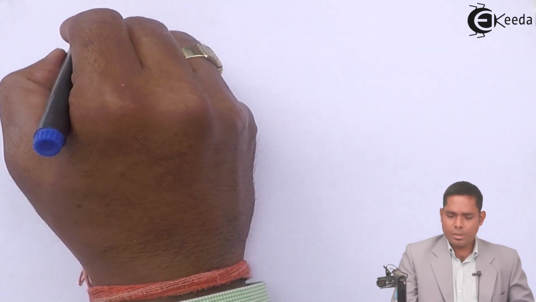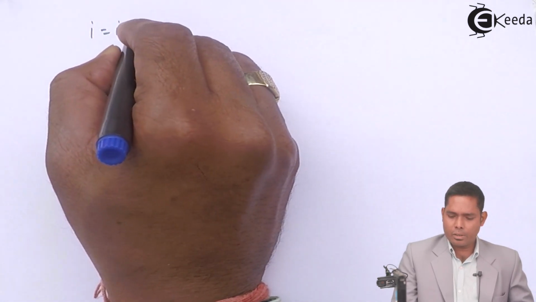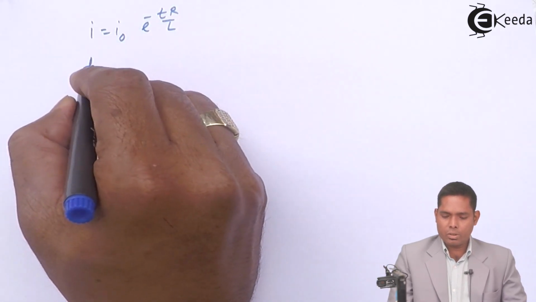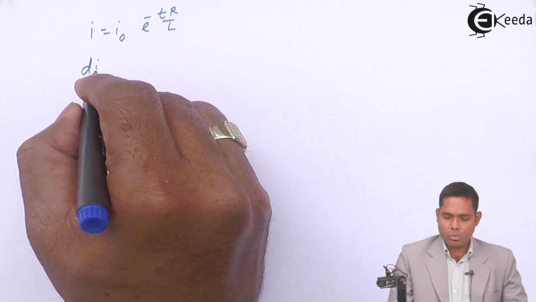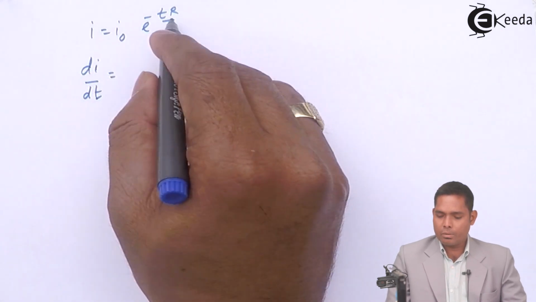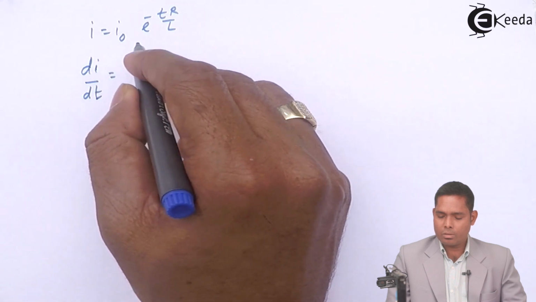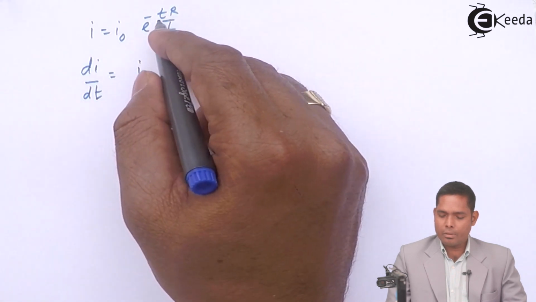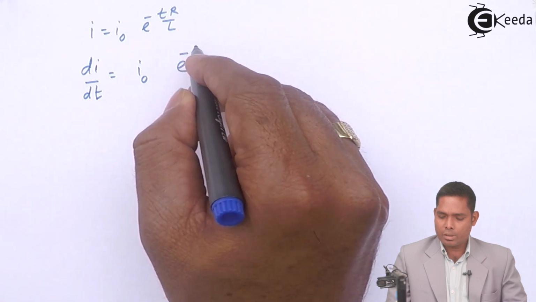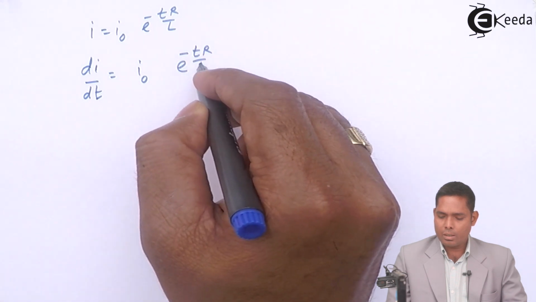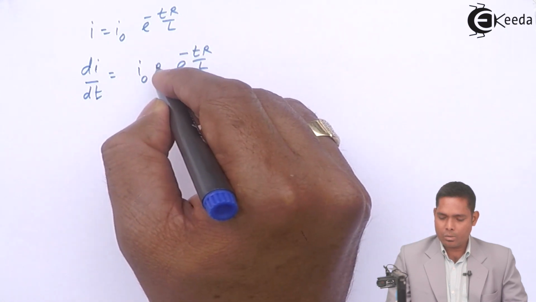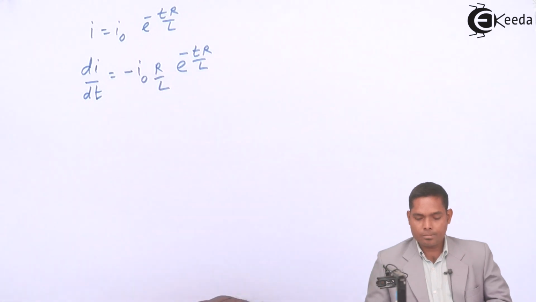So I have I equals I naught e raised to minus t R over L. I have to differentiate this equation with respect to t. So I will have di over dt, which is the derivative of this value, where I naught is a constant quantity, and the derivative of this is e raised to minus t R over L, and the derivative of the exponent will be minus R over L. So minus comes out here.